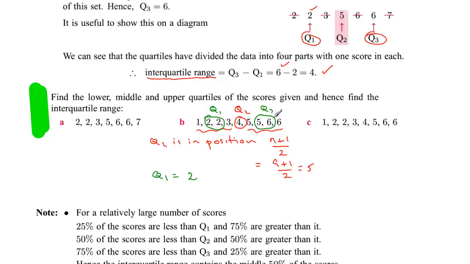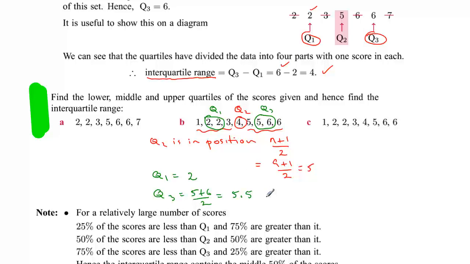Our third quartile is actually a number which is averaging 5 and 6 together. So 6 and 5 is 11, so half of 11 is 5.5. So that would be our third quartile.